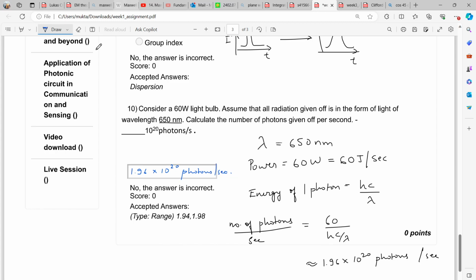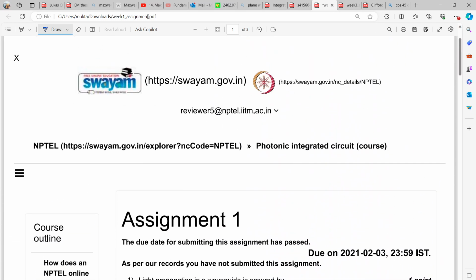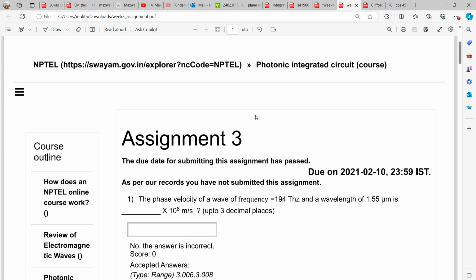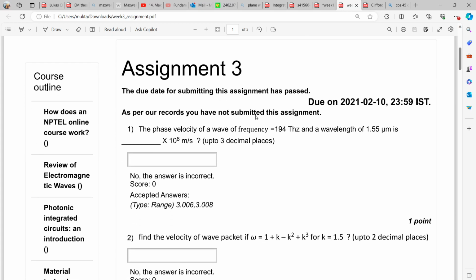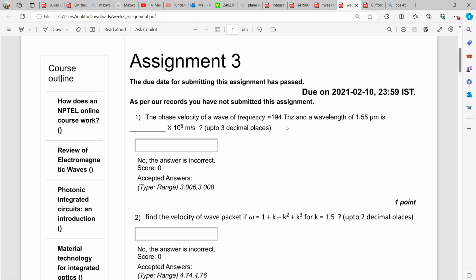Okay, so that concludes this assignment. We will move on to the next assignment. Assignment 2 was mostly factual questions, so we'll skip that. Most people had doubts only in assignment 1 and assignment 3, so I'll be jumping on to assignment 3 now. The first question is the phase velocity of a wave of frequency 194 terahertz.